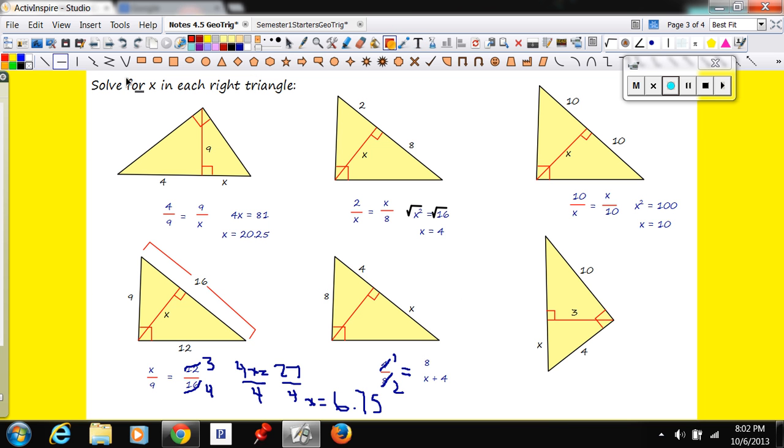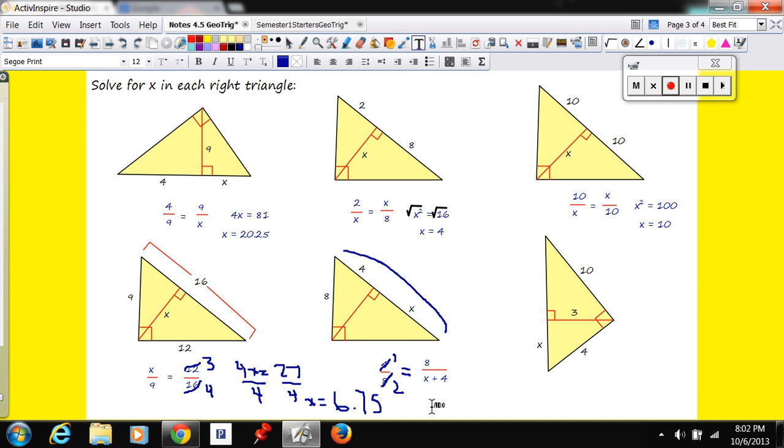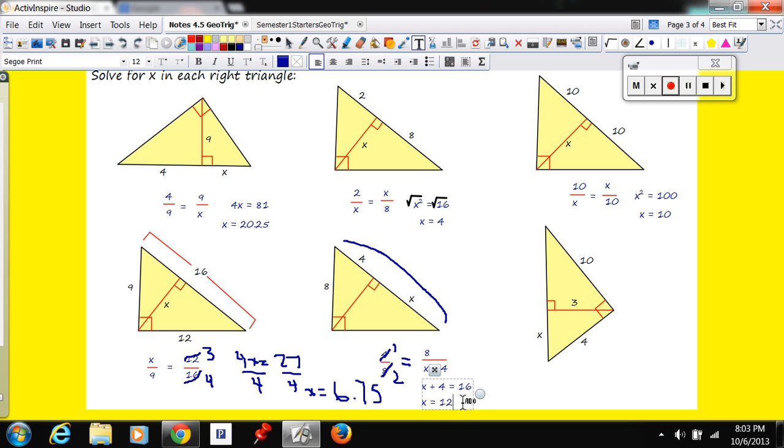To get this whole hypotenuse, I had to add these together. So 4 and x together makes x plus 4. So now I can solve it. I'm going to get 1 times x plus 4, which is just x plus 4, equals 16. And you're just going to subtract 4 on both sides, and you'll end up with x equals 12. So you solve it there, you get x is 12.